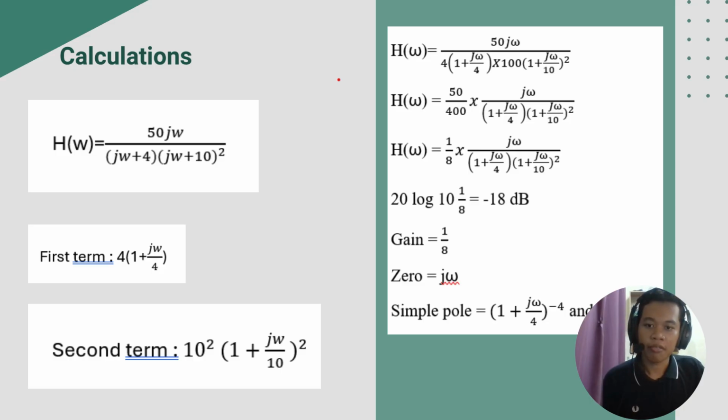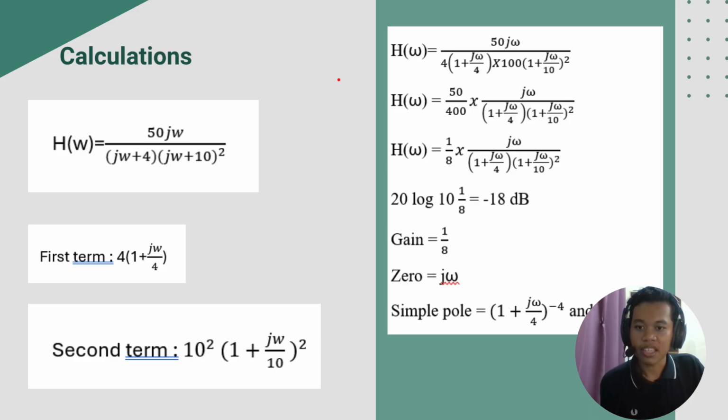Now, once we have our fully simplified standard form equation, we compute 20 log base 10 of 1 over 8, which equals approximately negative 18 decibels.